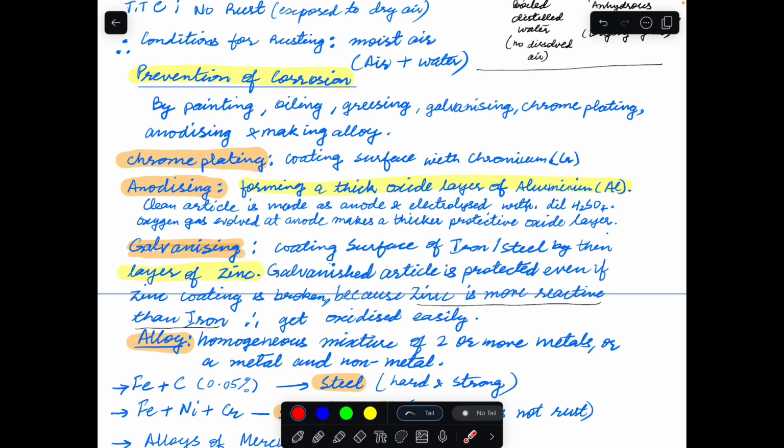So a galvanized article is protected even if the zinc coating is broken, because zinc is more reactive than iron. Therefore, zinc will always get oxidized, and the iron article inside will be protected. Okay, so the three important preventive measures are chrome plating, anodizing, and galvanizing.